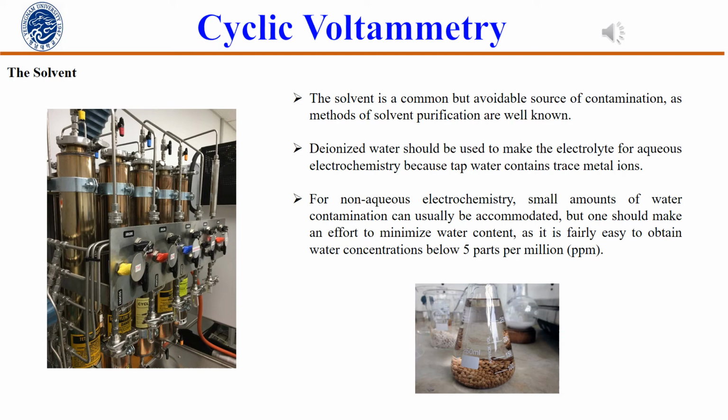A salt called a supporting electrolyte is dissolved in the solvent to help decrease the solution resistance. The mixture of the solvent and supporting electrolyte is commonly termed the electrolyte solution.